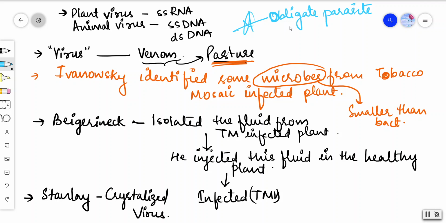They do not have any other way to survive. Being parasites, they can survive only in a host, and there they reproduce to increase their number. So this is the most important, that they are obligate parasites. Okay, clear? I hope viruses is clear here.